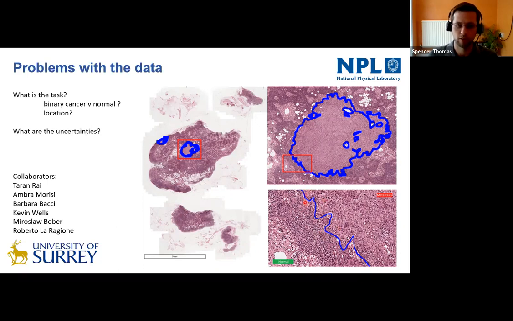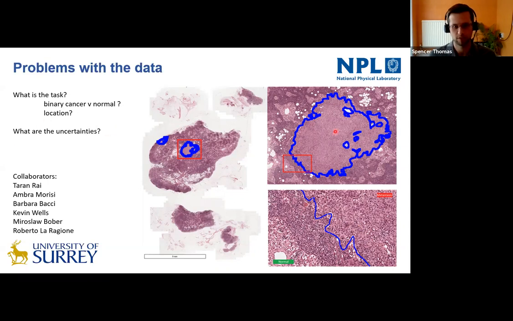This is annotated by a pathologist, but different pathologists may have different perspectives on where this boundary actually lies, whether there's actually a grading between these two tissues. Is it a definite boundary between the two, or is there some kind of gradient between them? And so all of these things fit into how complex this task is, and therefore how we approach it from a metrology point of view.